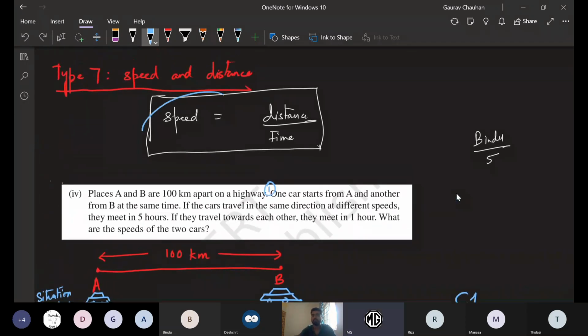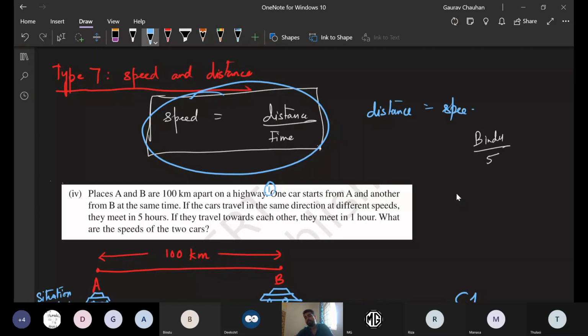Go back to this formula, guys. Distance is equal to speed into time. Correct. Speed is y. Time is 5 hours. The unit is the same, because here also y kilometer per hour and 5 hours, the hours get cancelled. 5y kilometers, some kilometer you are getting.